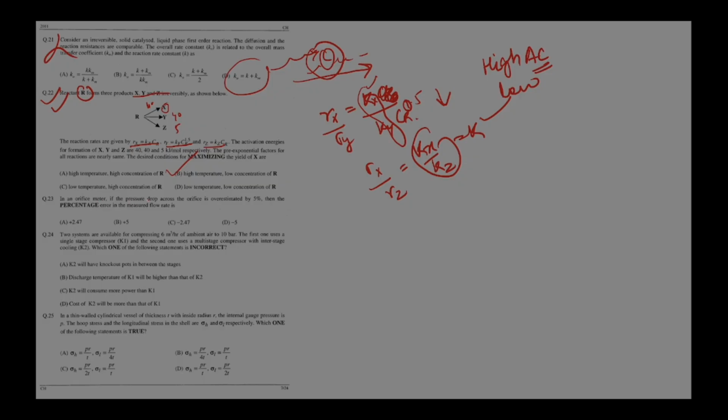In an orifice meter, the pressure drop across an orifice is measured. We know that Q is directly proportional to root of delta P. The pressure drop is overestimated by 5%. Then what is the percentage error in measured flow rate?